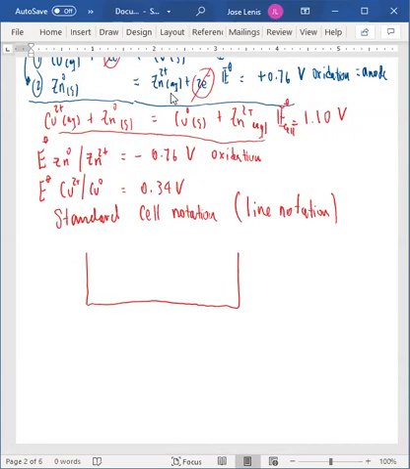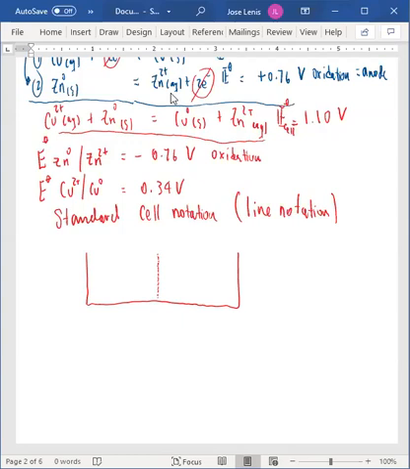In this setup, I have the same two cells, and between the two cells, I have a porous material. Usually it's made of very porous ceramic material that will allow the exchange of ions between the two cells.